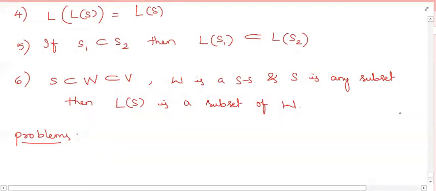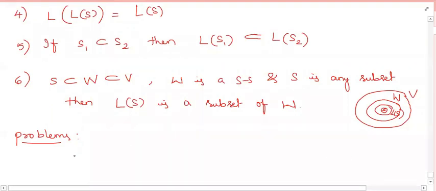L of S is always a subset. V is a vector space, so L of S is defined as a subset. So it is true, L of S is always a subset of V. In the definition itself, L of S is a subset of V. Okay, so V is there, W is contained in V, and S is contained in L of S, and S is smaller. So we have this kind of inclusions. Okay, so we'll see problems.